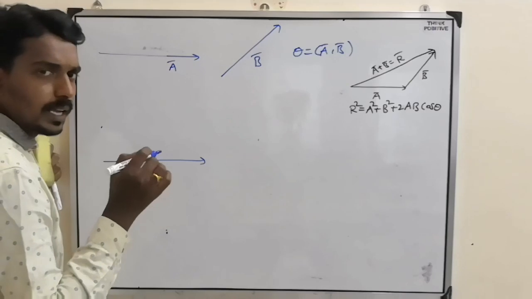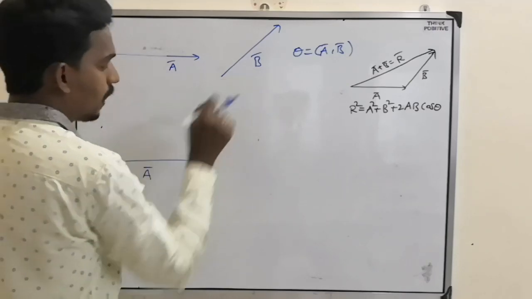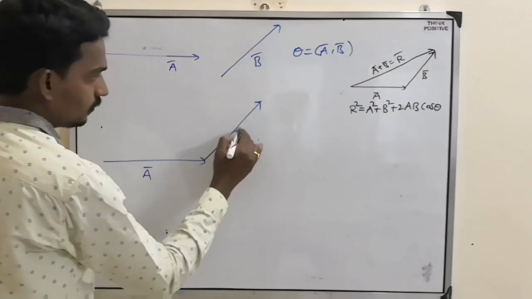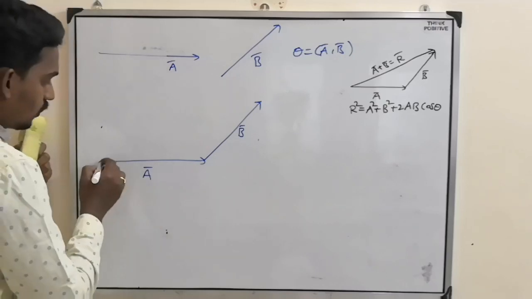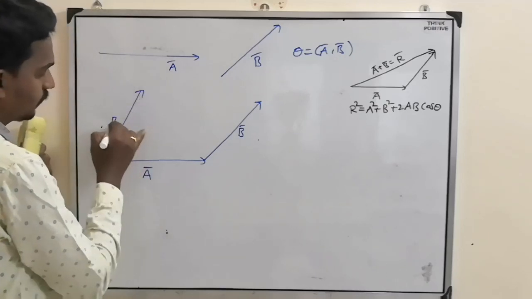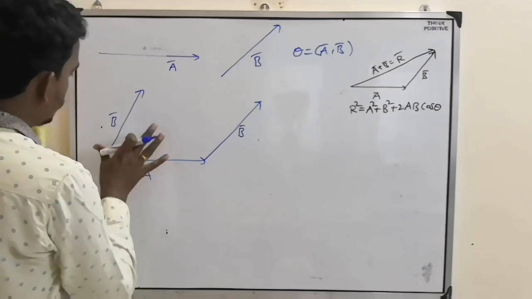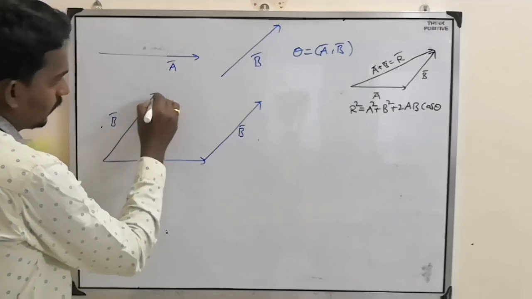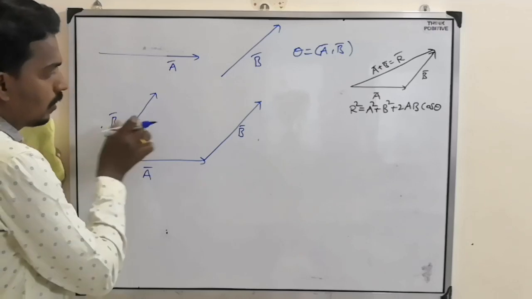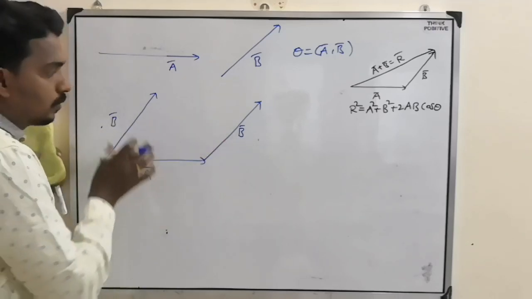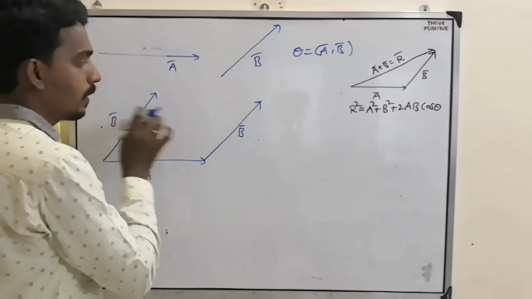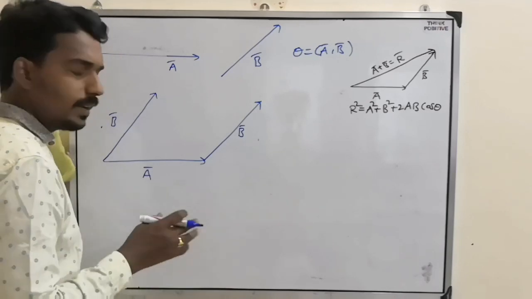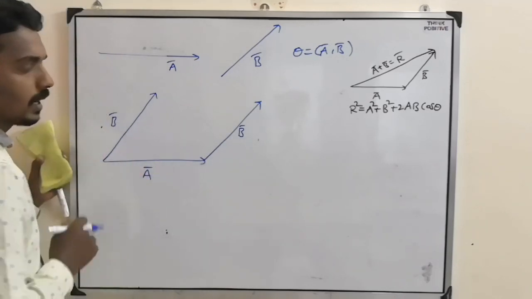Now I explained in the last class that b bar you can draw here, you can also draw here, but the only thing to take care of is that both vectors must be the same in magnitude as well as the same in direction. So one vector can be drawn anywhere in the same plane without changing its direction and magnitude.